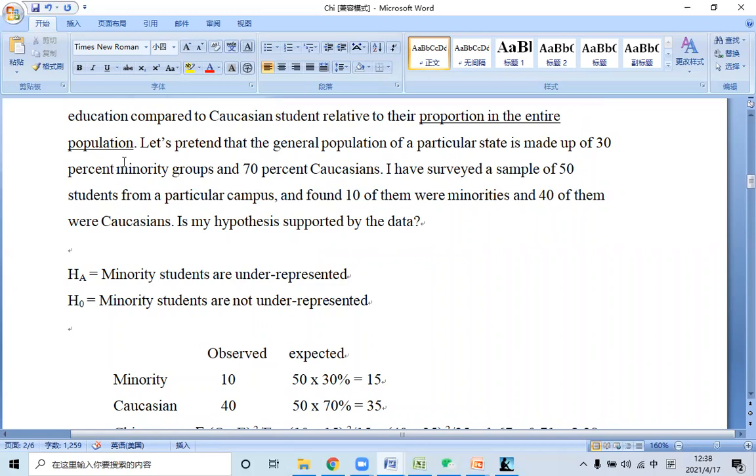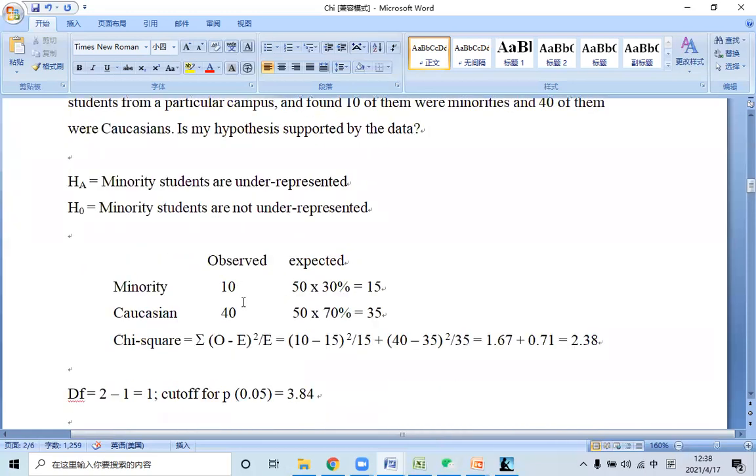That's more than your campus proportion of non-white minorities. But is your observation strong enough to support the hypothesis that minority students on campus are not well represented? We don't know. We have to calculate the probability.